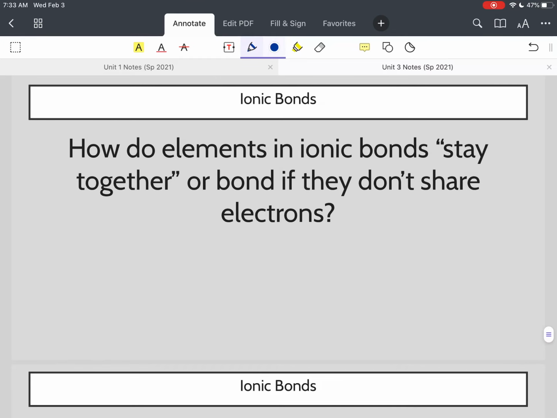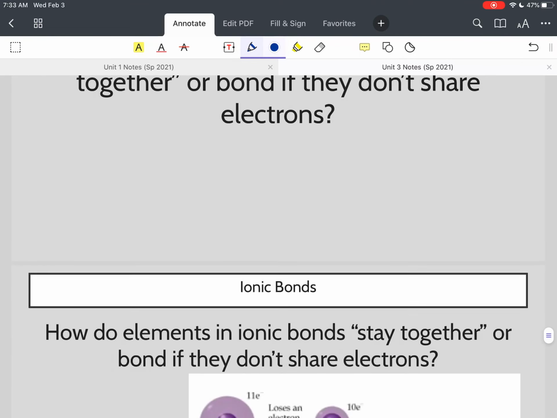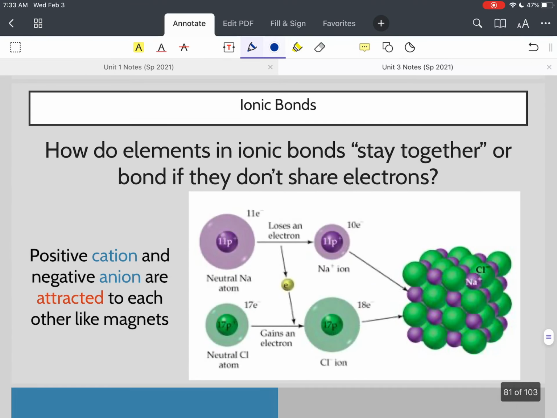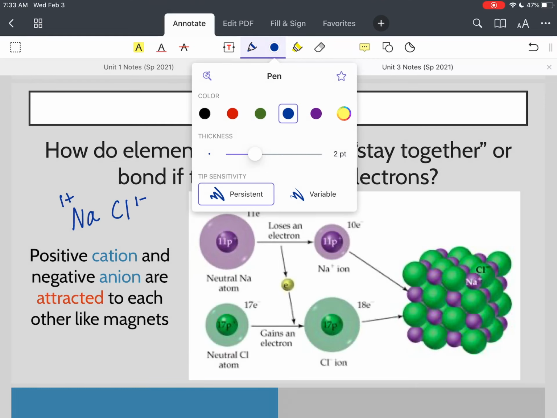I think there's one more question on your notes that's talking about how these ionic bonds stay together. So if they're transferring their electrons, what's keeping them together, right? If I'm giving the electron away, what's keeping me from just floating away somewhere else? The way that they stay together is because of the attraction between those positive and negative charges. So remember, our sodium, when it transferred that electron, had a 1+, and chlorine has a 1-, right?